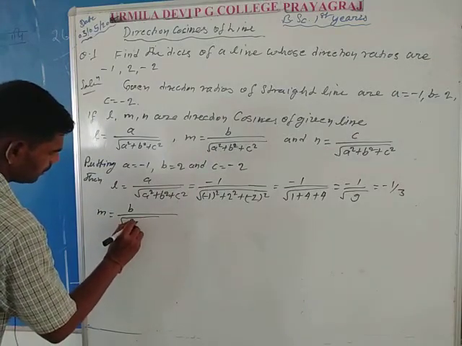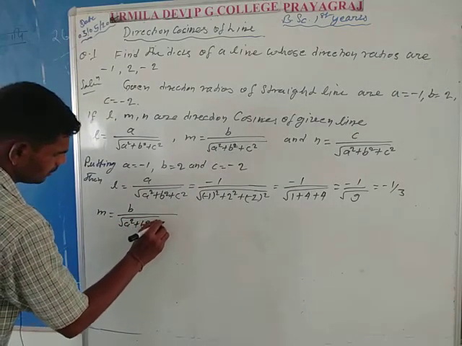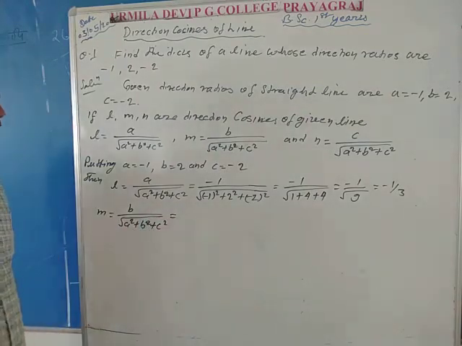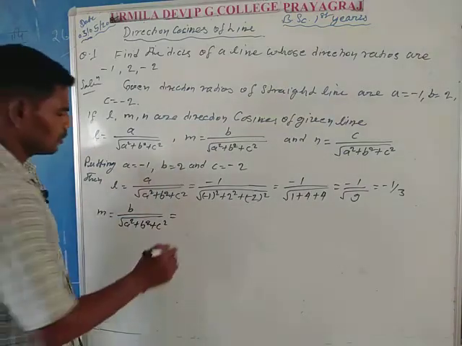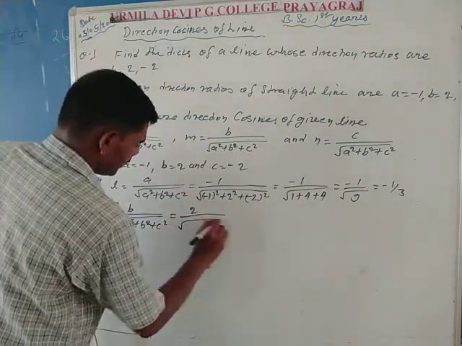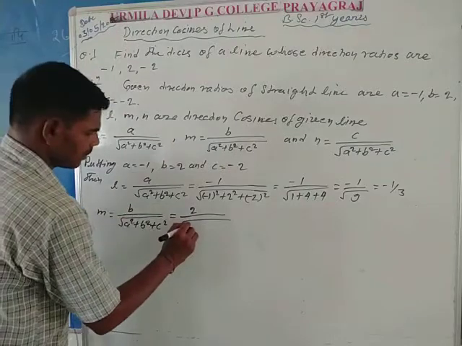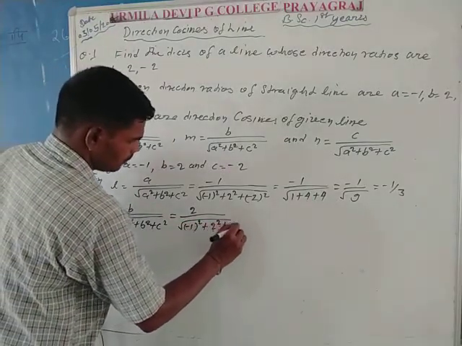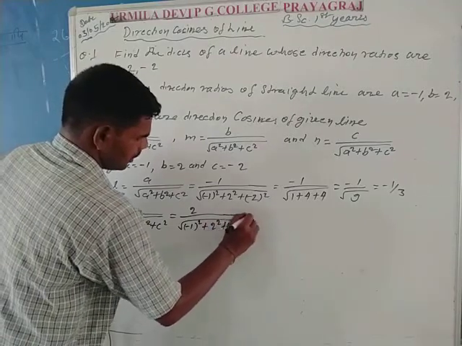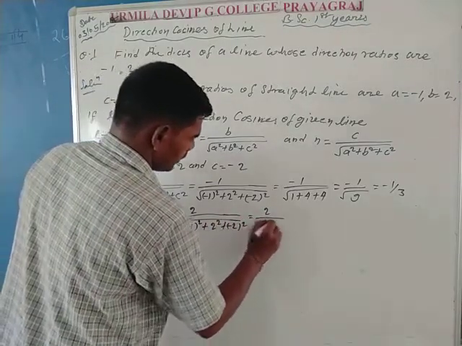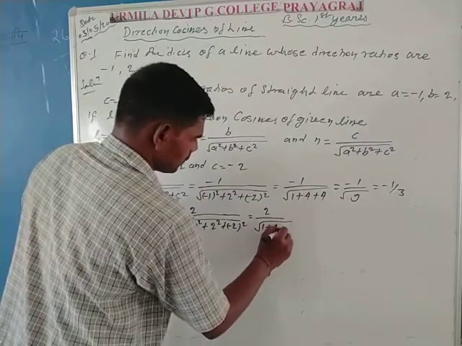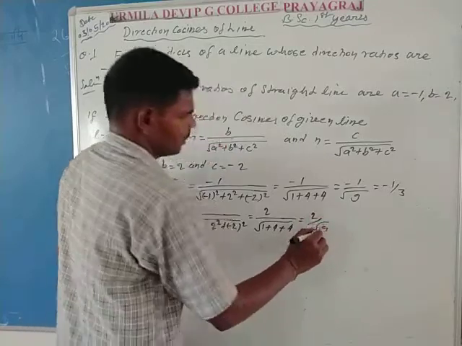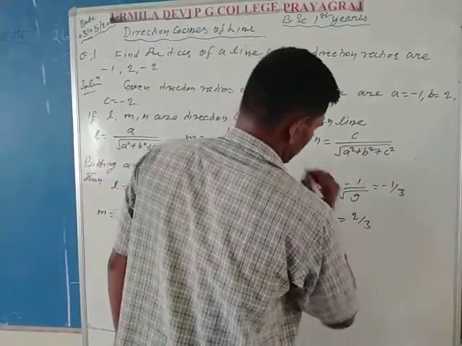Putting all values of small a, b, c, b is equal to 2 given, so 2 divided by under root of (-1) whole square plus 2 square plus (-2) whole square is equal to 2 divided by under root 1 plus 4 plus 4 is equal to 2 divided by under root 9 is equal to 2 by 3.